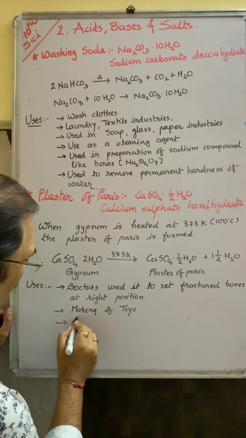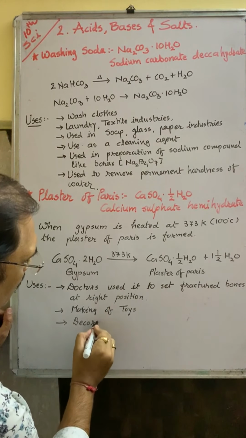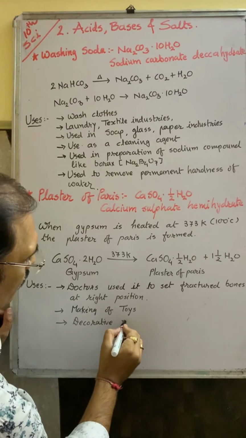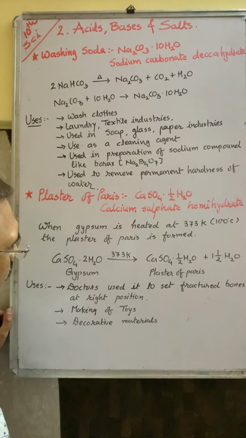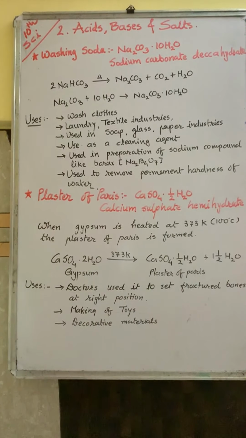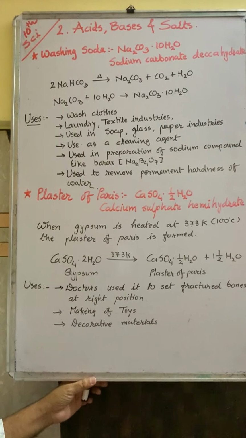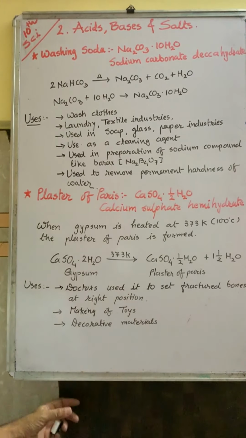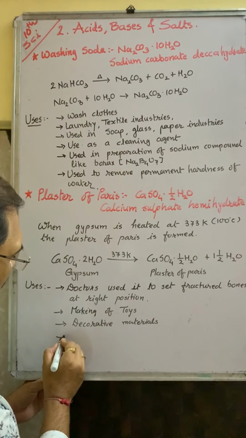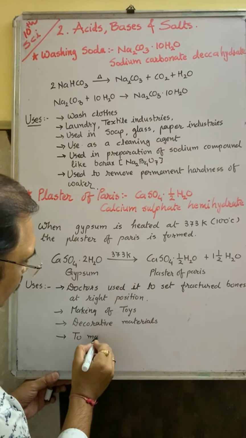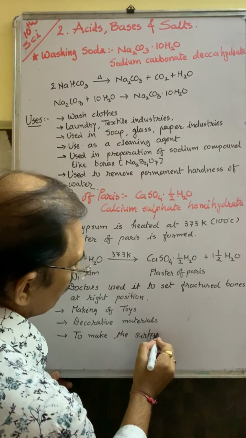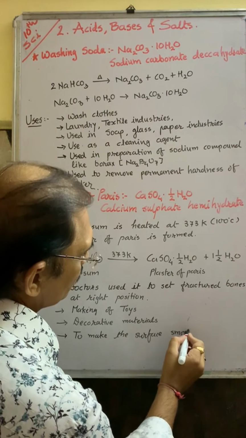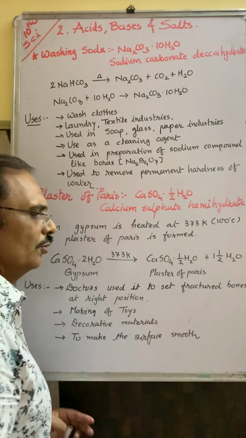It is used in some decorative items, materials. For example, at your home, the ceiling is decorated with the help of this plaster of Paris. To make the surface smooth also, sometimes we use plaster of Paris.